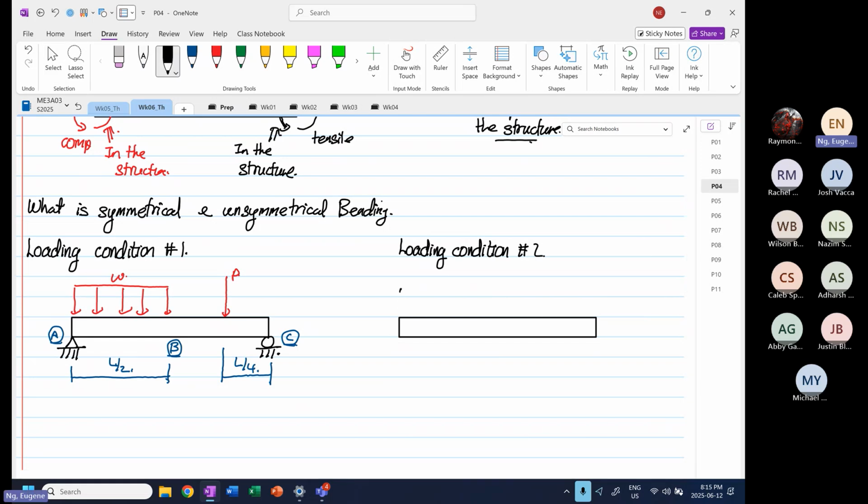It is a cantilever beam, where you have a point A over here, and then you have a point B over here, and then you have a gradient distributed load.